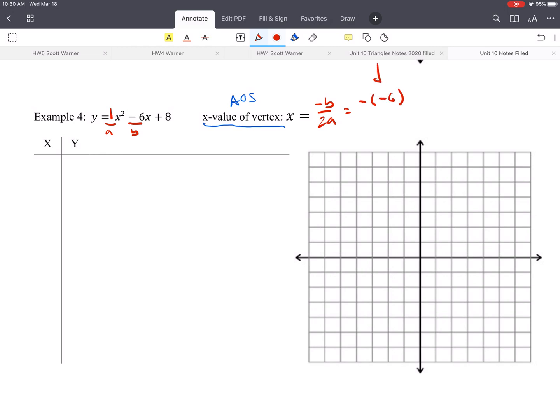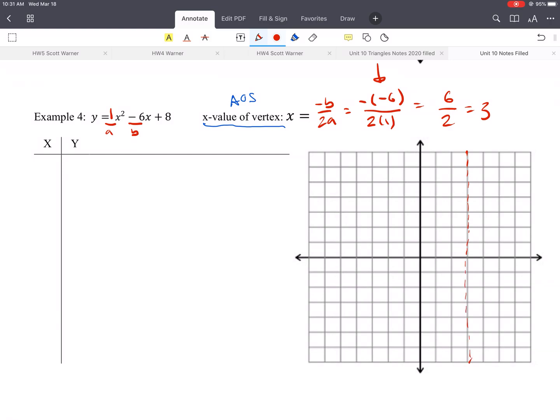And this is probably one of the most common mistakes, the double negative, okay? Somebody thinks it's already negative, so they just do negative 6, but it's going to end up giving us a positive 6, right? And then 2 times 1. So 6 over 2 gives us 3. So we know our axis of symmetry is on this line, okay?